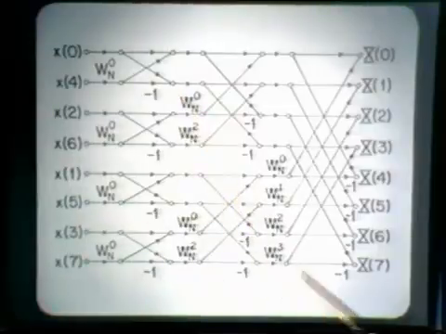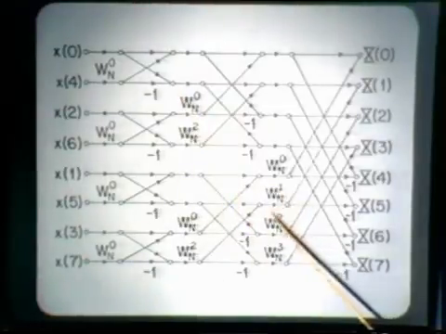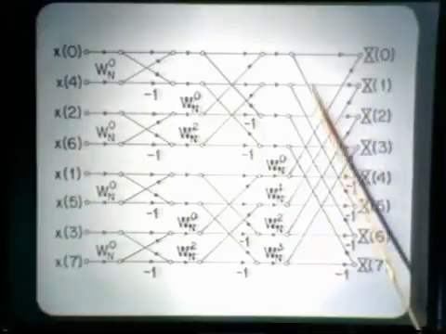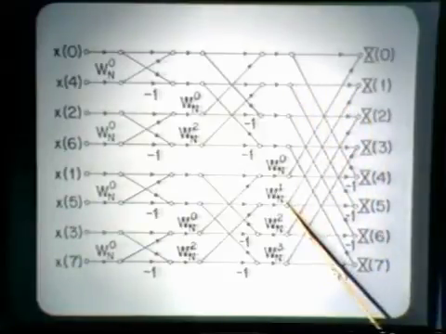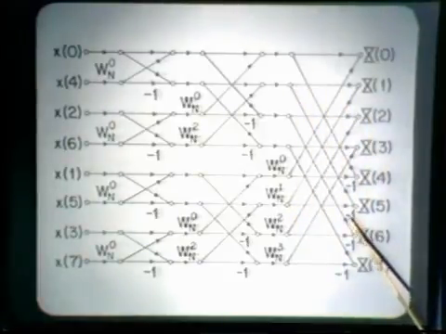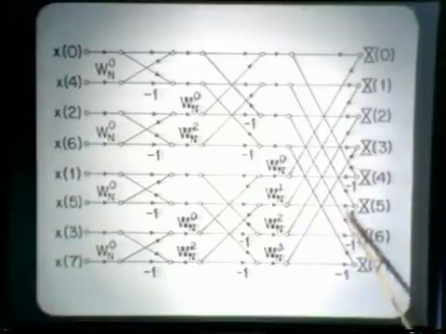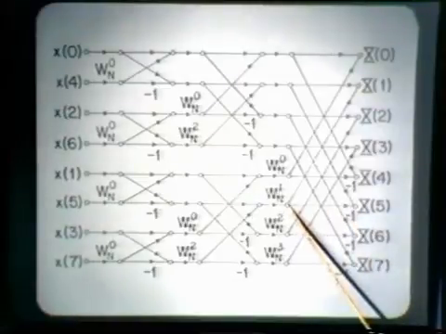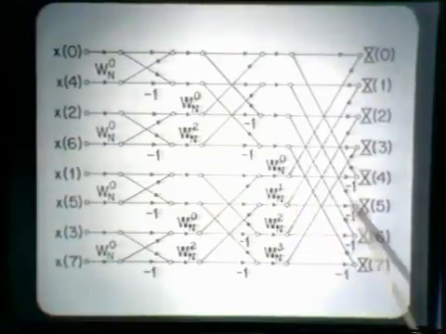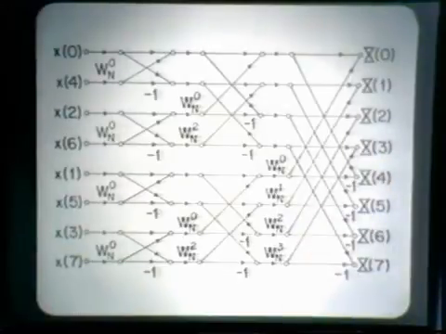And this follows all the way through, a multiplication by a power of W and then an addition and a subtraction. This minus 1 being associated with this line. The minus 1s, of course, always occur on the branches coming from the bottom node of the butterfly. That's consistent with everything that we've been saying throughout this discussion.